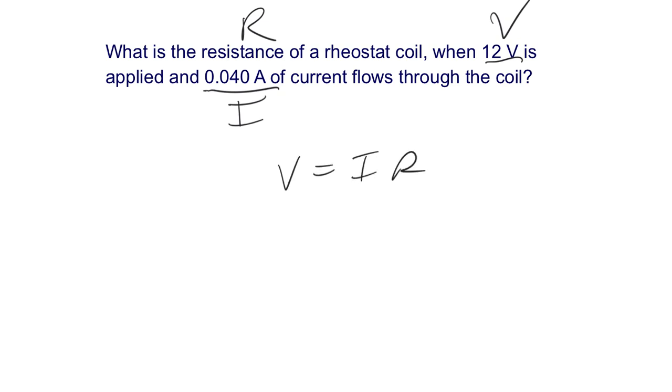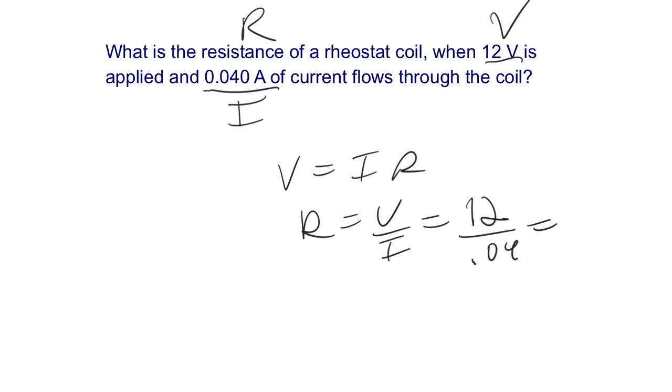We're looking for R, so divide by I. I got 12 divided by 0.04. 12 divided by 4 is 3, and then 1, 2 zeros. So that's going to be 300 ohms.